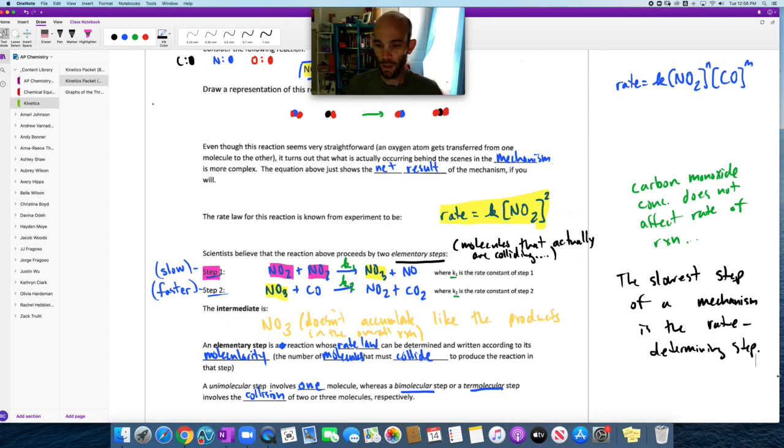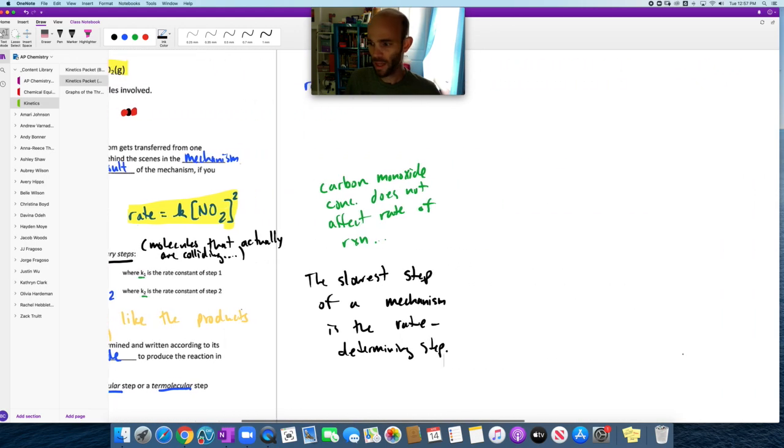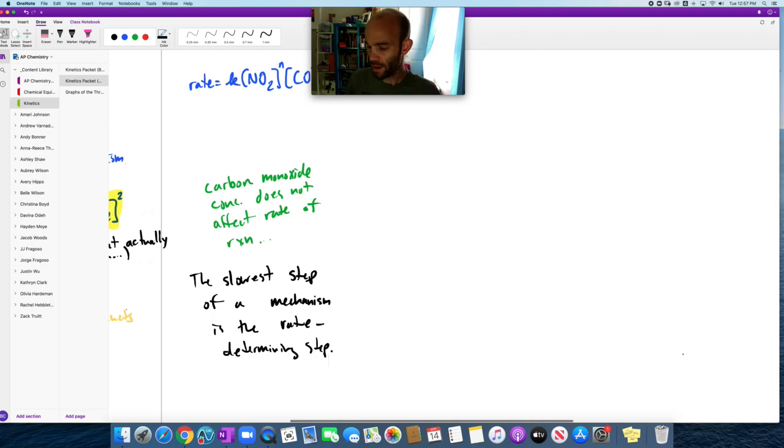I want to give you an analogy or just another example for a rate determining step. Let's say you have a series of funnels that can accommodate various amounts of water, various flows of water. Let's say that you have a funnel here whose maximum capacity is 10 milliliters per second.